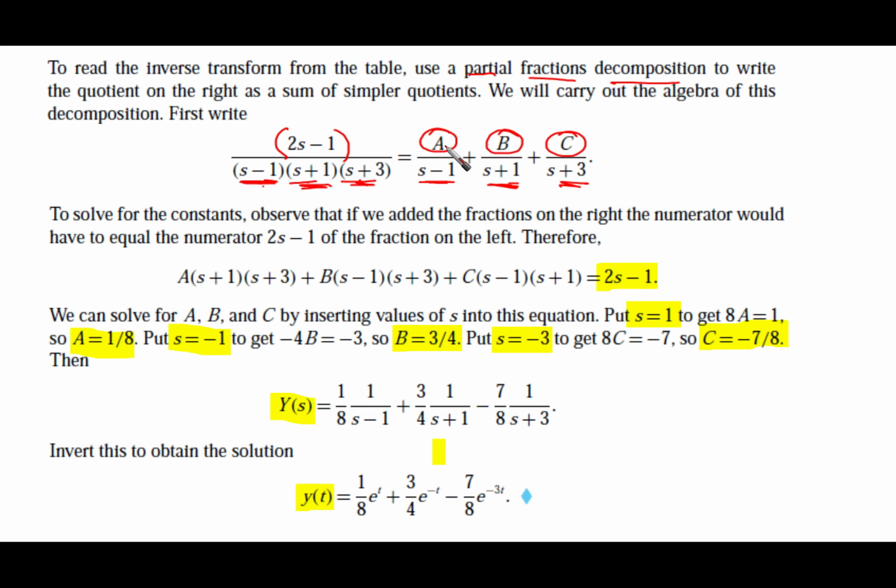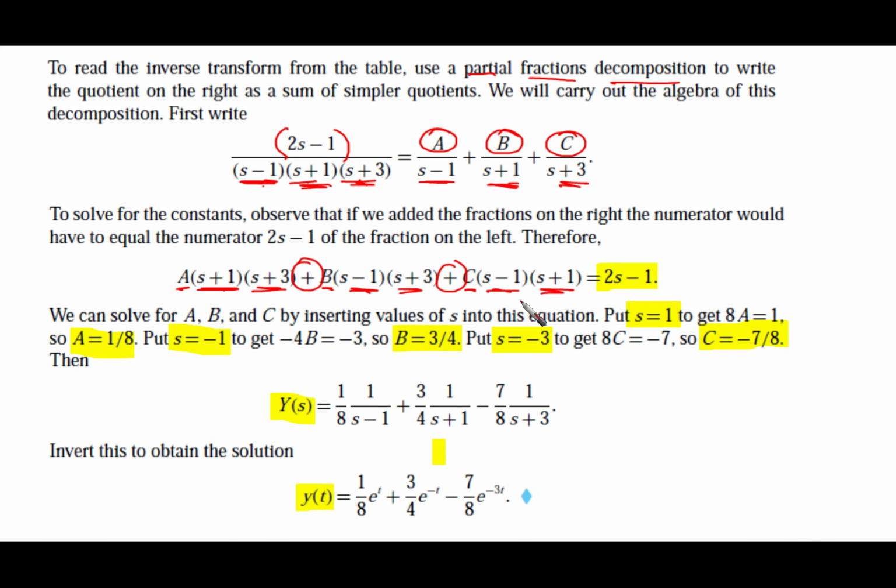It is going to be A times s plus 1 times s plus 3, plus B times s minus 1 times s plus 3, plus C times s minus 1 times s plus 1. Okay, these are the three terms. It equals what? The left-hand side numerator, 2s minus 1.